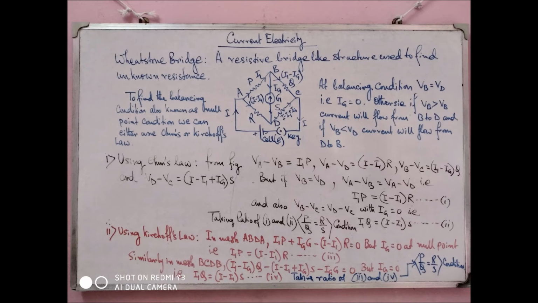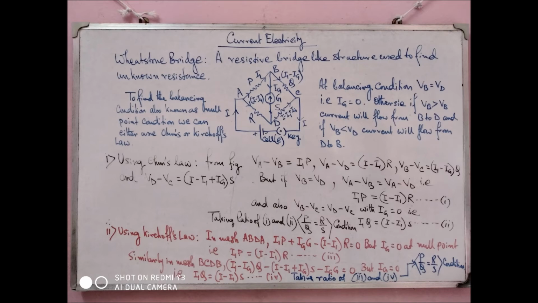Because if the potential at B is greater than D, then the current flows from B to D. But maybe the potential at D is more than B. Who told that always at B the current will split into two parts and merge at D? Maybe current can split at D and merge at B. Why not? In that case, the potential at D is more than B, and D will be the splitting point, while B and C will be the merging points.